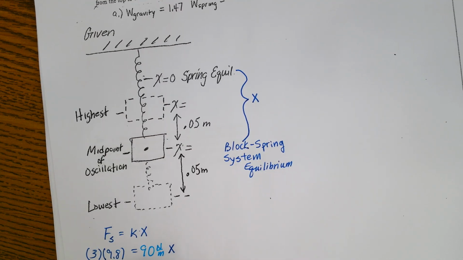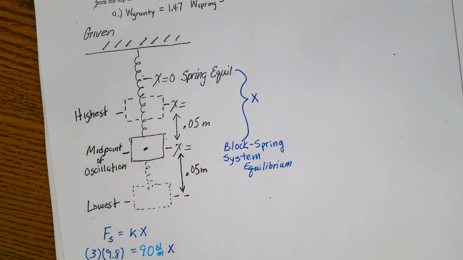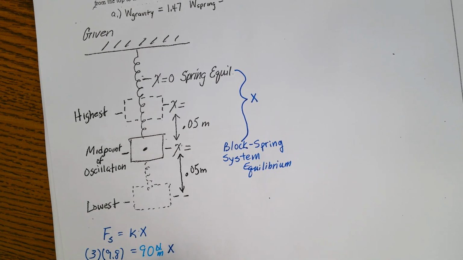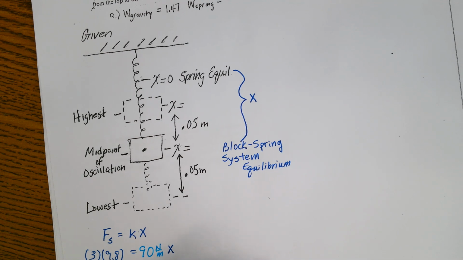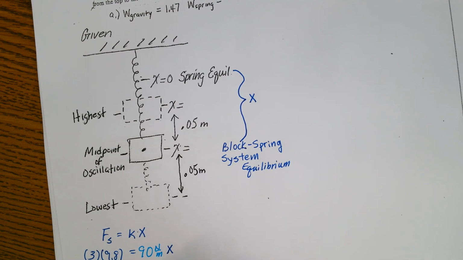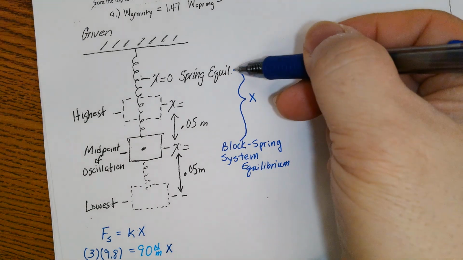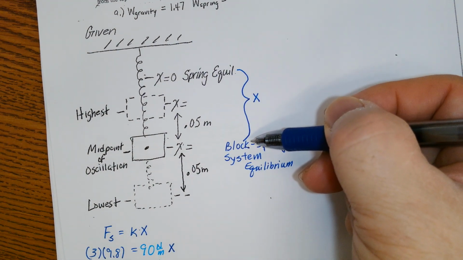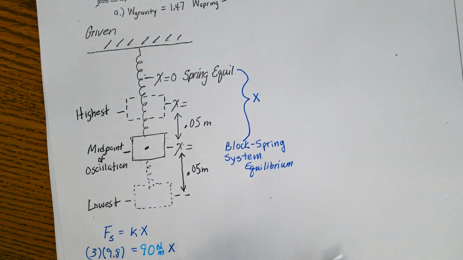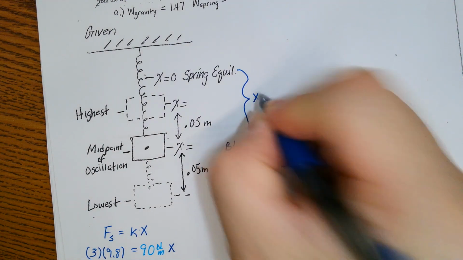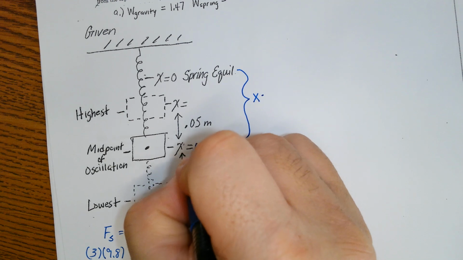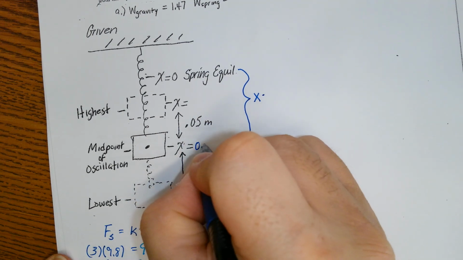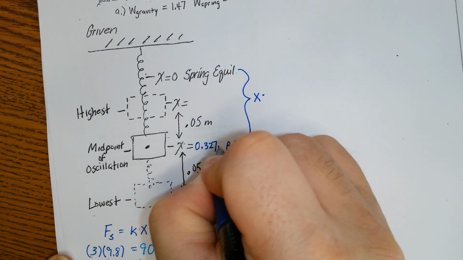So my x is equal to, divide that by 90, and I get 0.327 meters. So this thing will stretch 0.327 meters. Okay? So I'm going to say here is 0.327 meters.